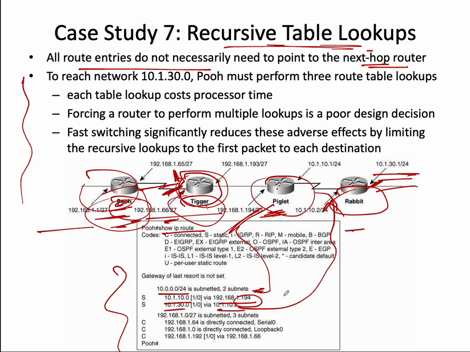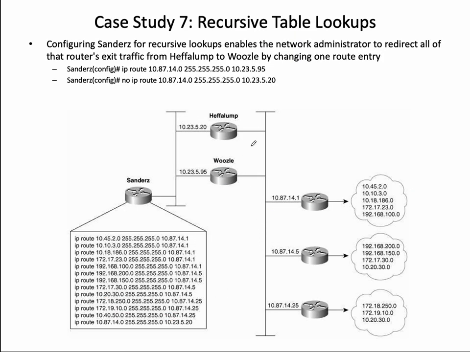Okay, this is the use case again. Let's configure this for recursive lookups and enable the network administrator to redirect all of the traffic from the router to, like, WSDL by changing one route entry.